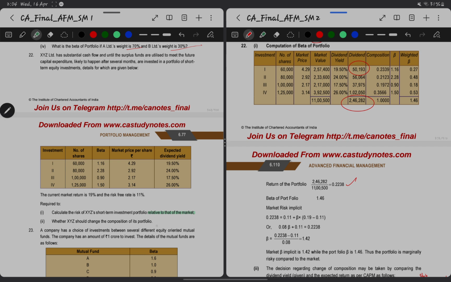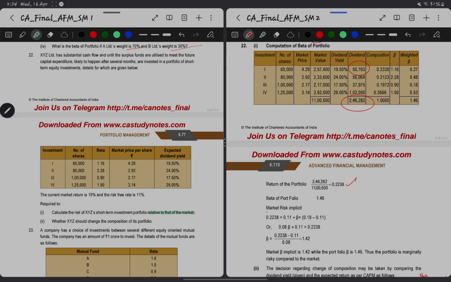Now since they are asking relative to that of the market, the portfolio's risk, nothing but the beta in our case, relative to that of the market. So whatever beta we found out here is nothing but the beta of the portfolio. Now compared to the market, how risky it is, that we have to find out.